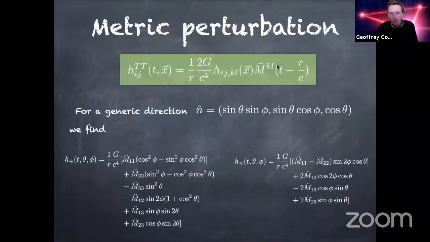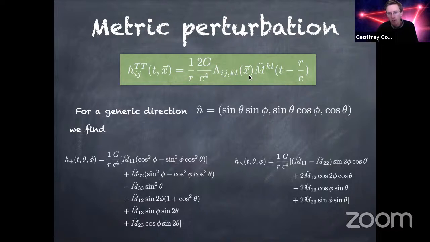So now that we computed M, we can compute the metric perturbation. Here we are looking at the polarization tensor with an arbitrary direction, given by theta and phi, the point in the sky where we are looking. These are the angular coordinates where the binary system is located in the sky with respect to the observer.